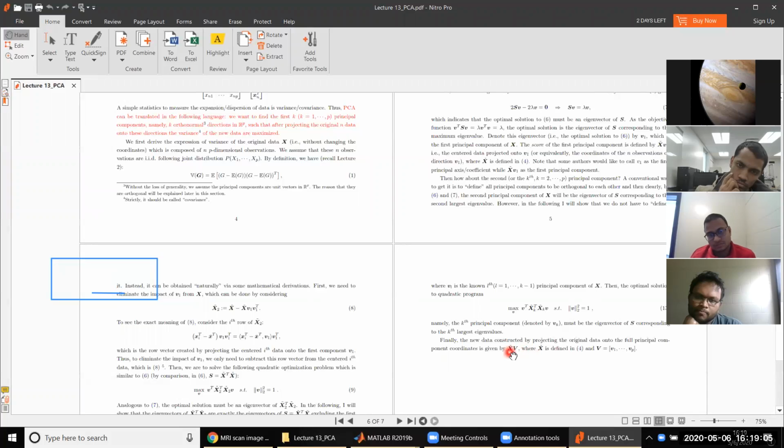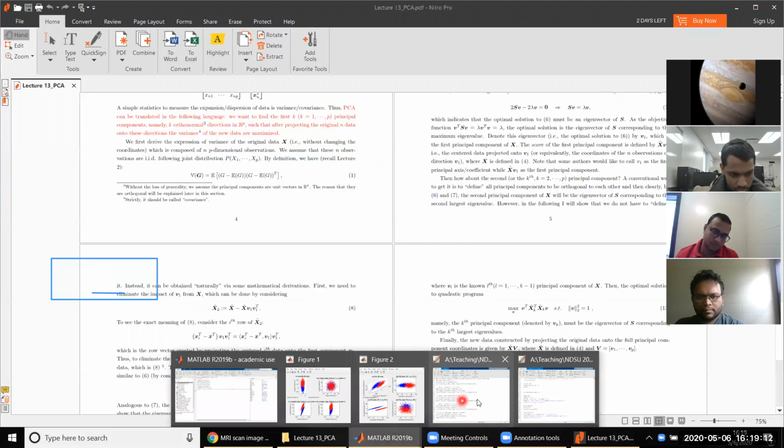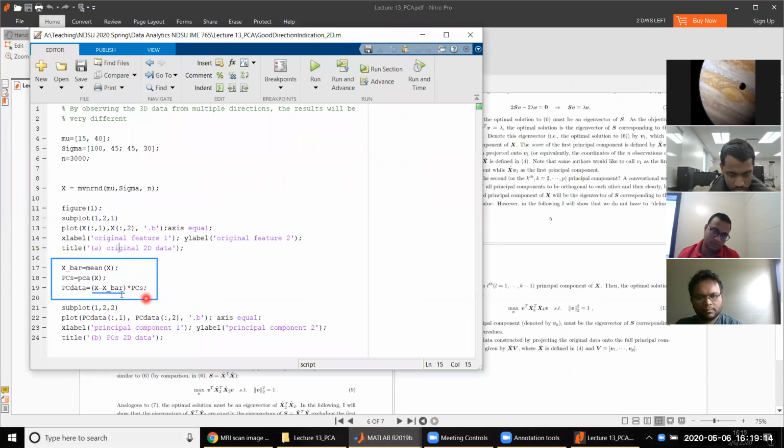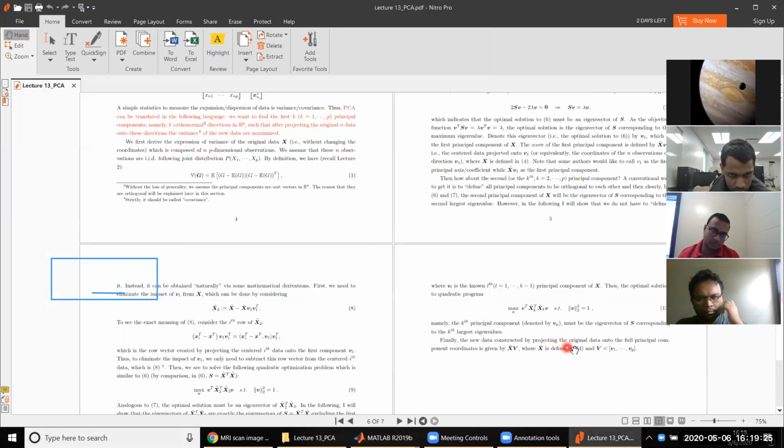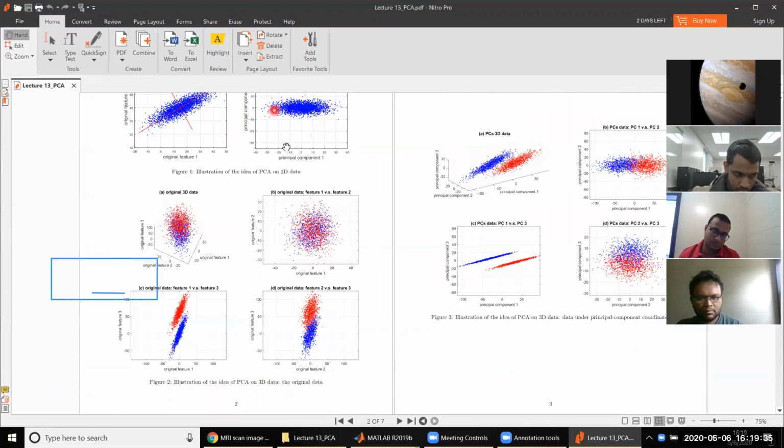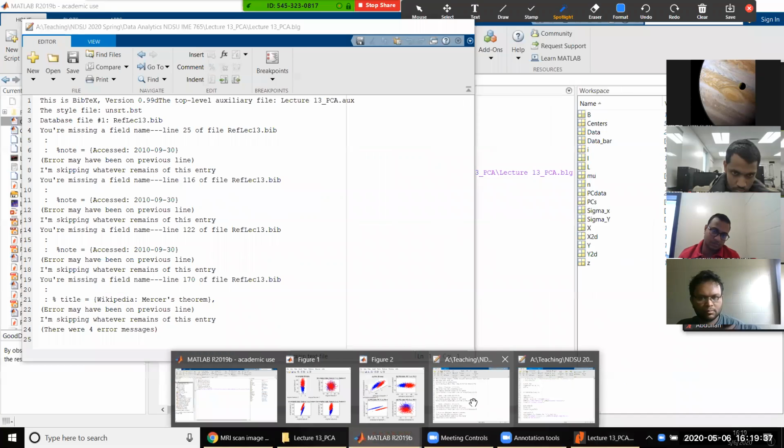And v means all principal components, and the v here is my PCs here. My PCs is PCAX, the collection of all principal components as columns. And this means the new data, in other words, projecting the original data onto the full principal component coordinates. And that's how I generate all these graphs. For example, I can run it.